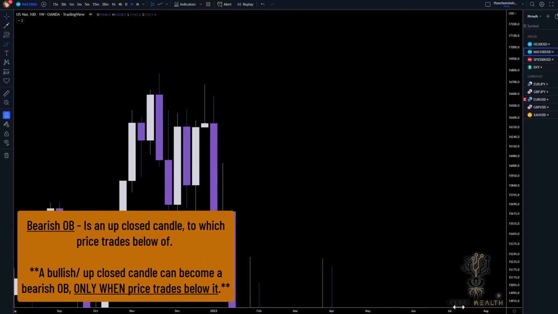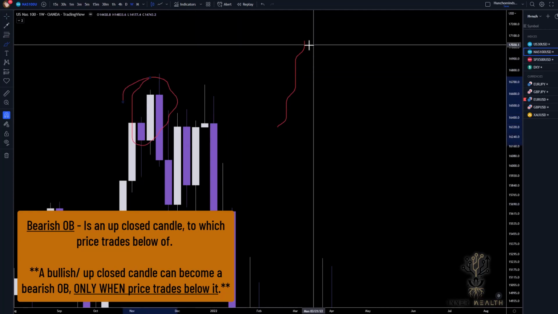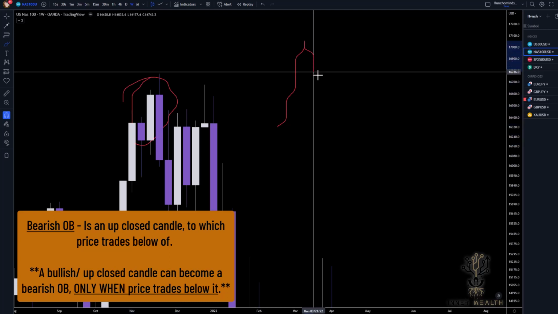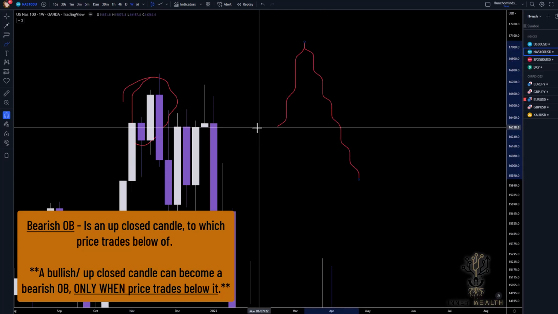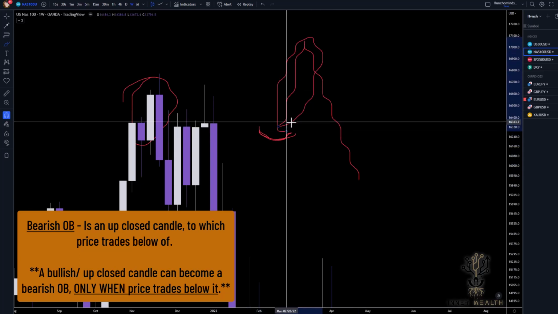So when we have an up push like we do here, once we have a change in price delivery, we're going to see price trade below that up push, that bullish candle.